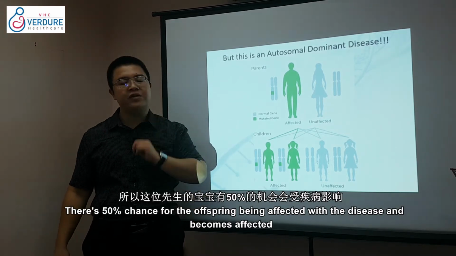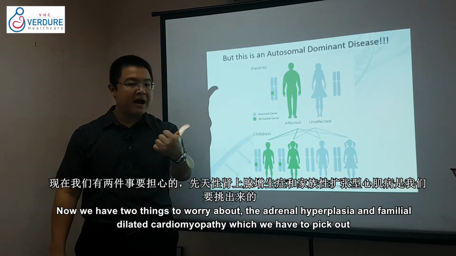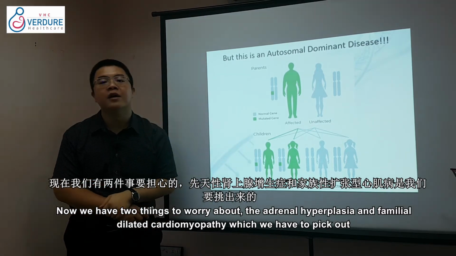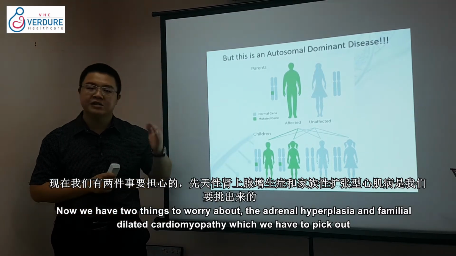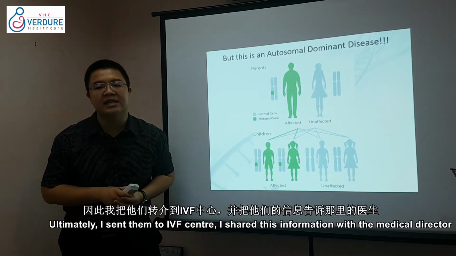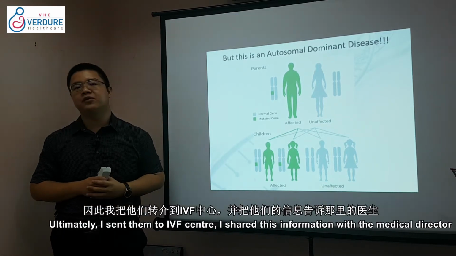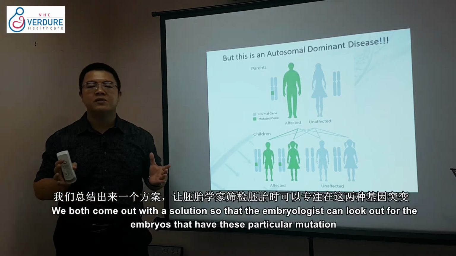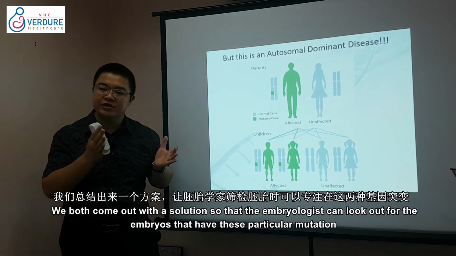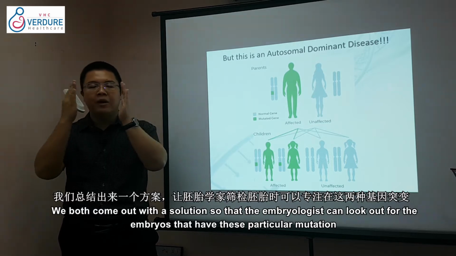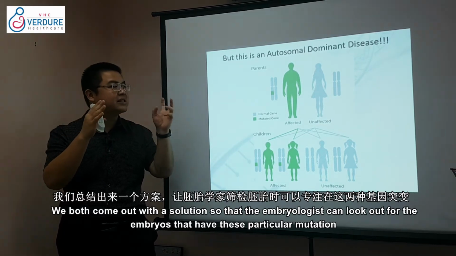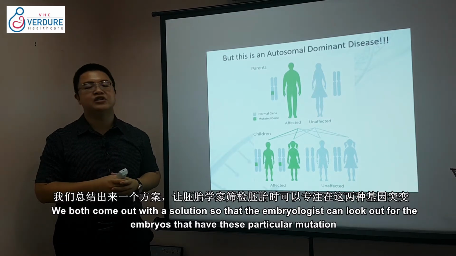So now we have 2 things to worry about, the adrenal hyperplasia and the familial dilated cardiomyopathy, which we have to pick out. And ultimately, I sent him off to the IVF center. I shared this information with the medical director. We both came up with a solution so that the embryologist can look out for the embryos that have this particular genetic mutation.